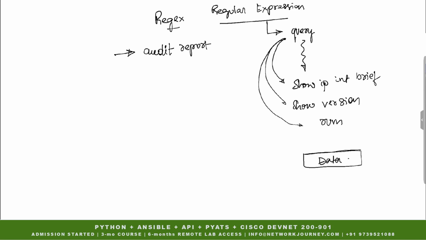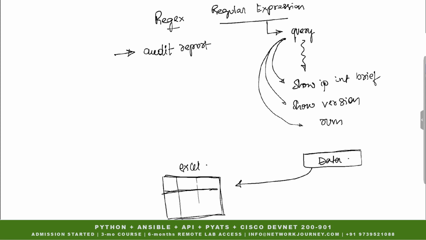Data is nothing but a piece of information, and this data I am going to put in my Excel file. Let's say my management wants me to create an audit report where I log into all 1,000 devices and see the current running version, the current uptime, the hard disk space left, and the bandwidth utilization.